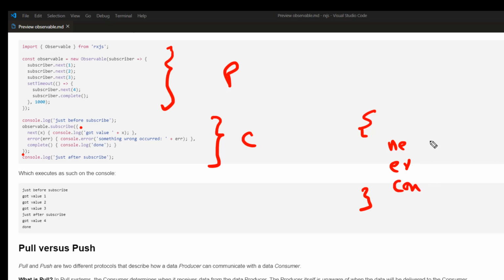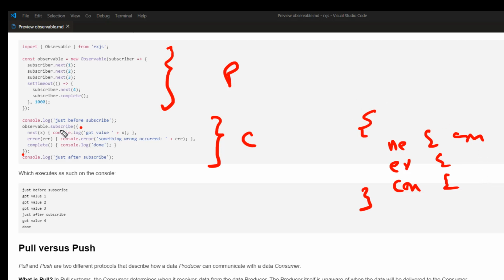Once we pass these functions, right now the implementation is just that whenever somebody calls them, it console logs them. So it's a JavaScript way of passing functions with the actual implementation inside it. Whenever someone calls next, the console log happens. Error, console log happens. Complete, console log happens. So this is the object.